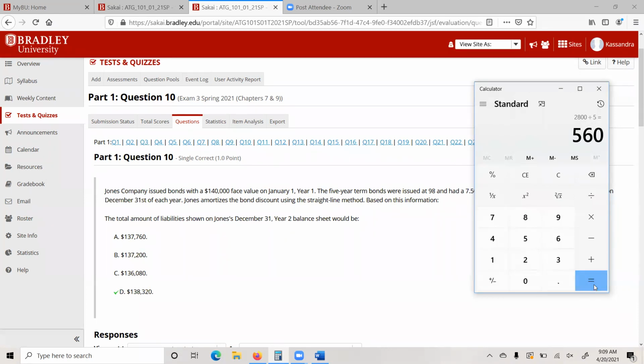So our bonds payable account would be at $140,000. Partnering with that would be a discount on bonds payable that would have a contra-balance of $2,800. And that amount would be decreased at the rate of $560 per year.